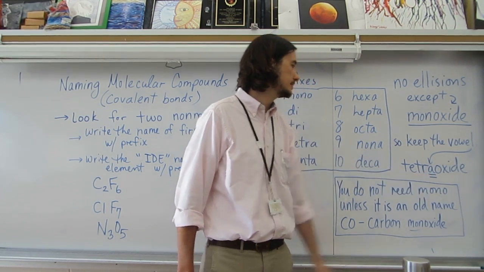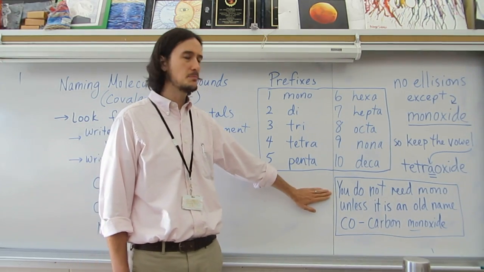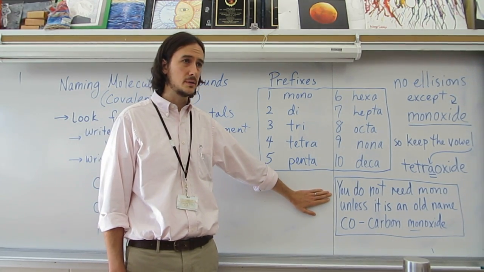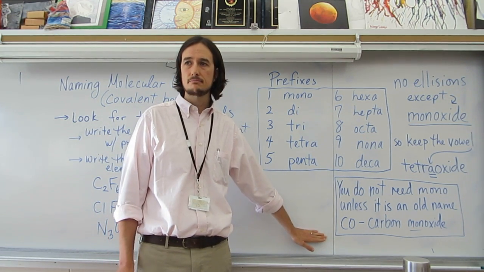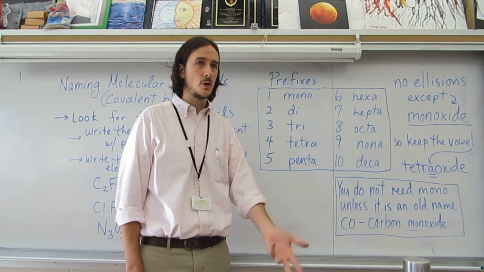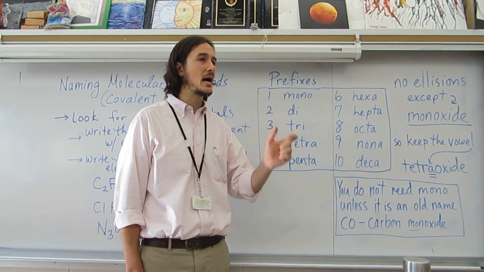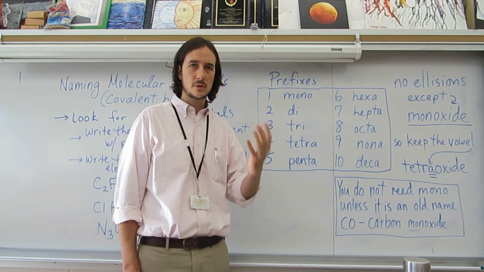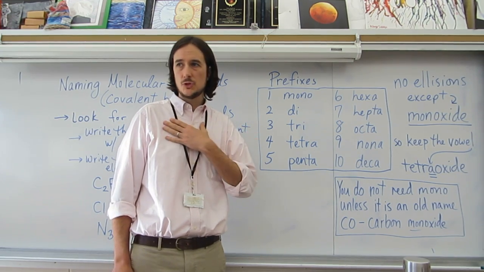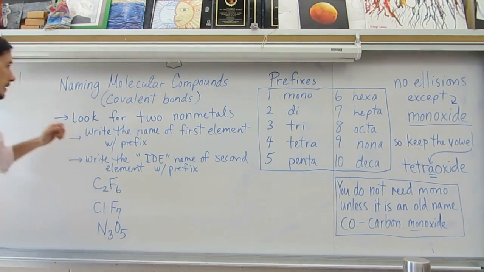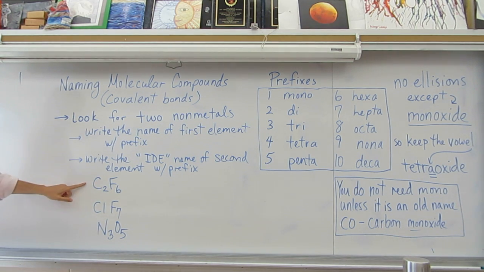You do not need mono. I don't need you to write that there's one unless it's an old name like carbon monoxide. Carbon monoxide is what people know it as. So changing it to carbon oxide would actually be a little more confusing, even though carbon oxide should just be one of each.